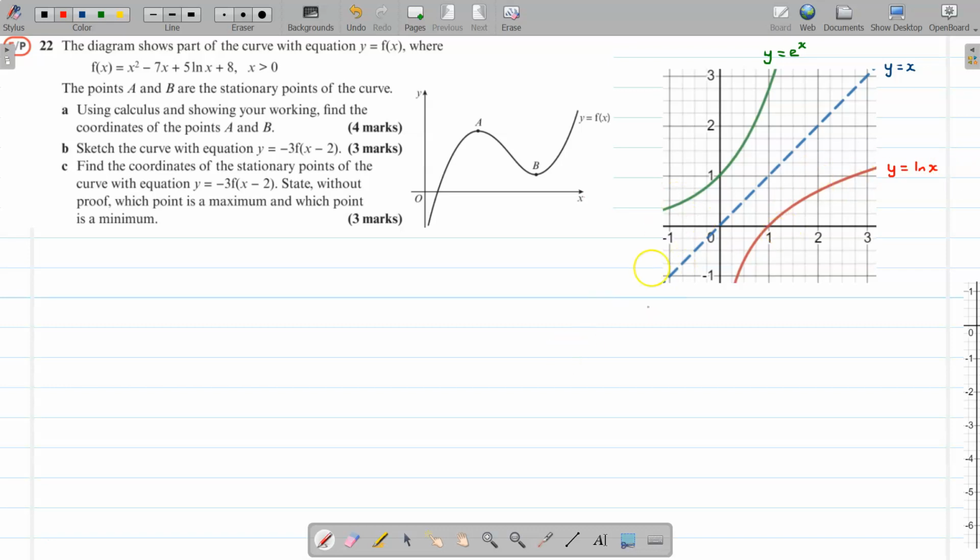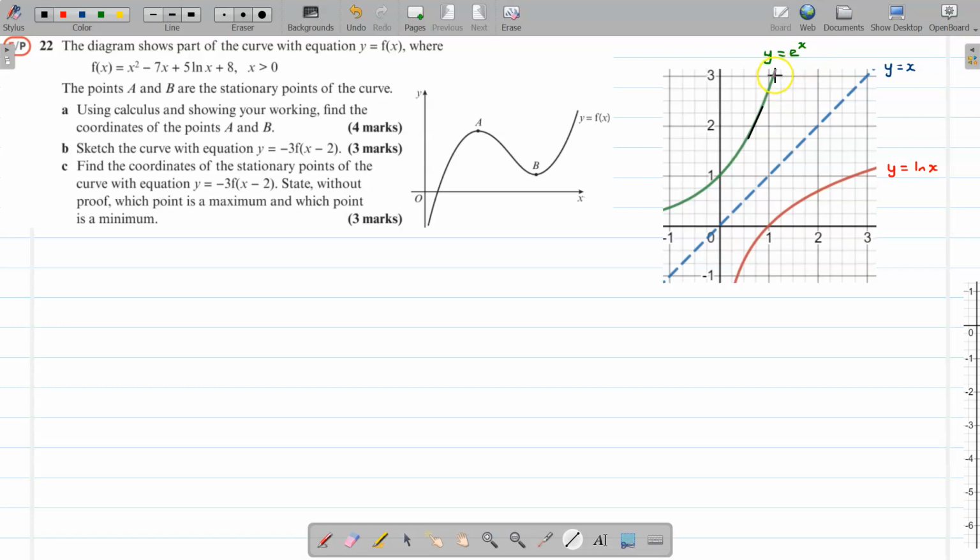Now, hopefully you can recall this very important fact. If I took a piece of line, let's say at the point when y equals 2, and I just draw that straight line on there to illustrate, that piece of line, when y equals 2, has a gradient of 2, because that's one of the fundamental properties of e to the x: when you differentiate e to the x, you get e to the x.